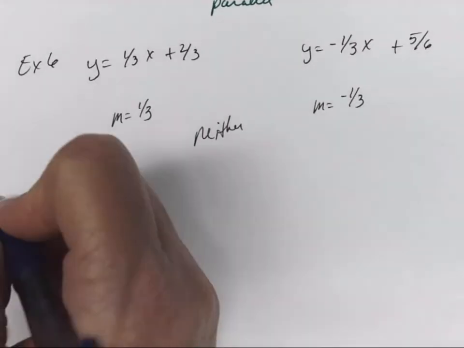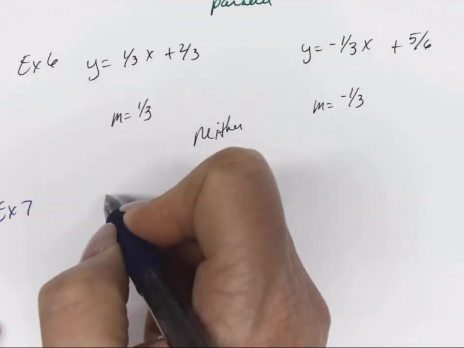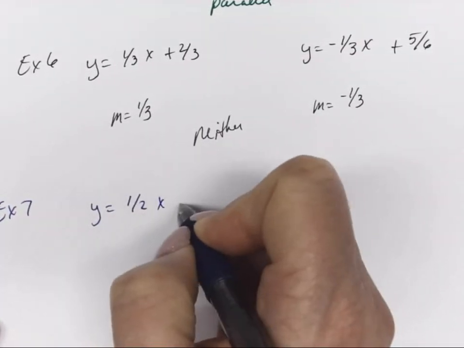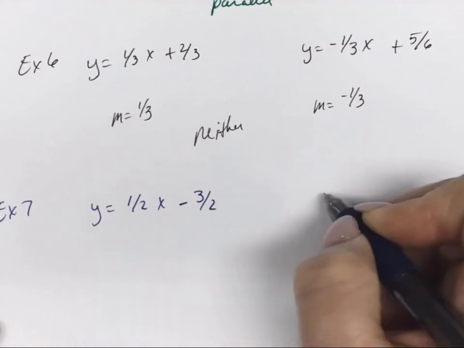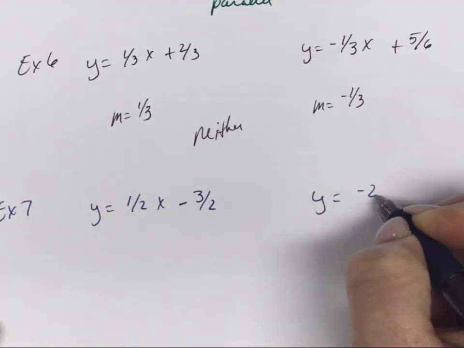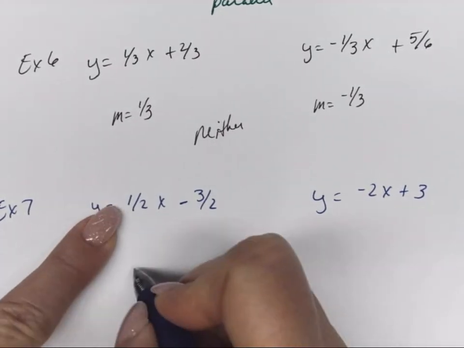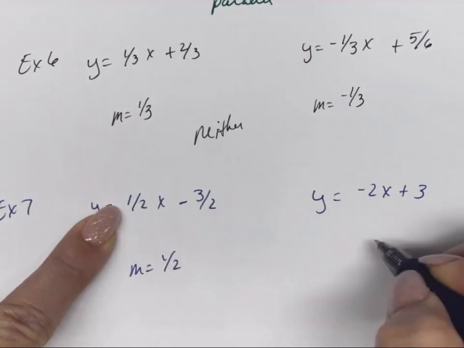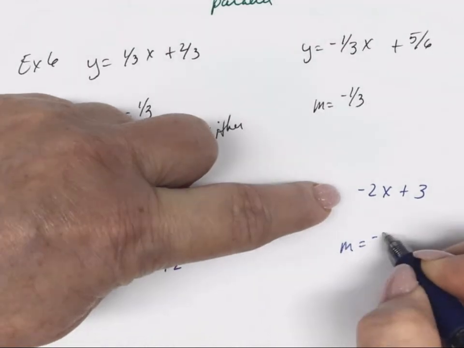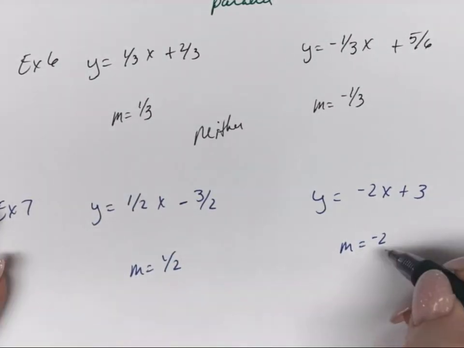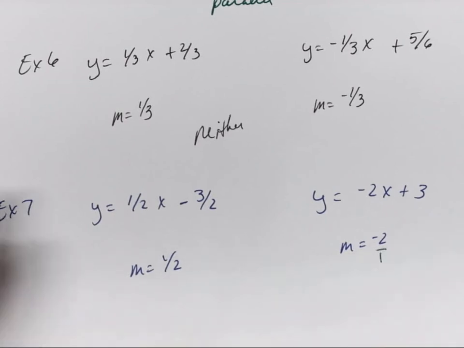All right, let's look at example 7. We have y is equal to 1/2 x minus 3/2, and y is equal to negative 2x plus 3. Our slope here is 1/2, and our slope here is negative 2. So think about that negative 2 being over 1.